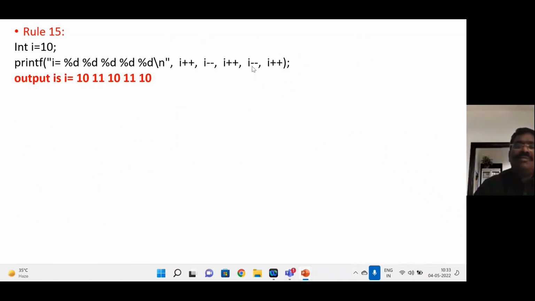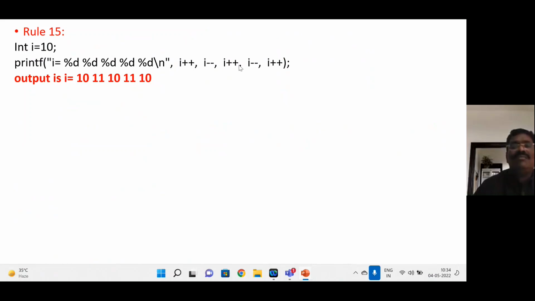So then 11. When it comes to this, after incrementing it will become 11. First 11 is printed. After that it will be decremented by 1. Decremented by 1 means it goes to 10, and first 10 is printed.